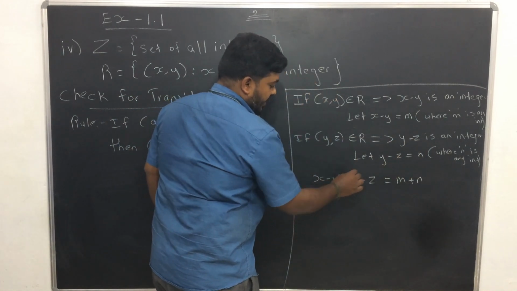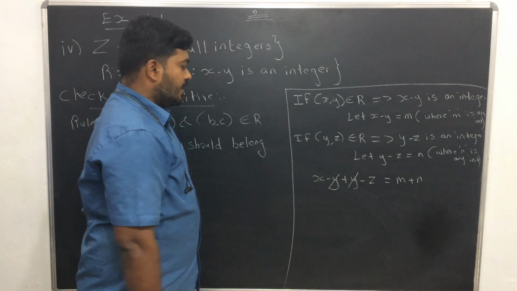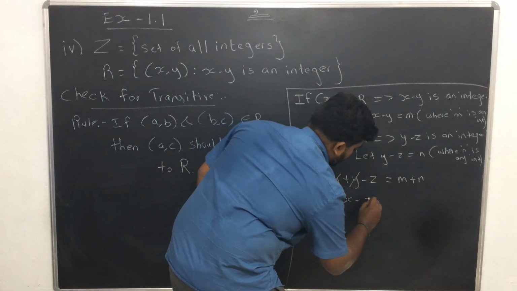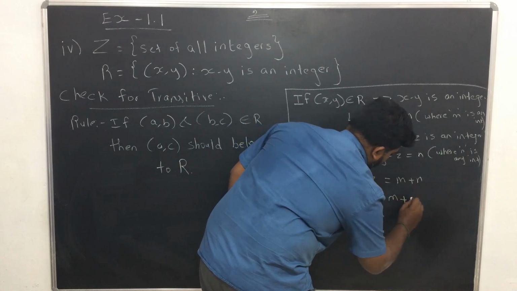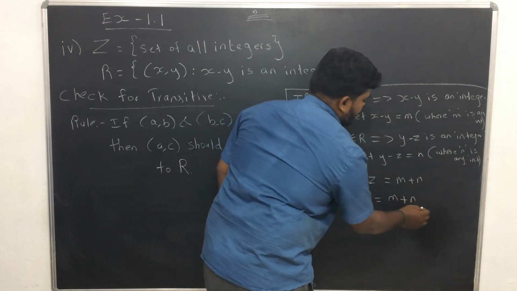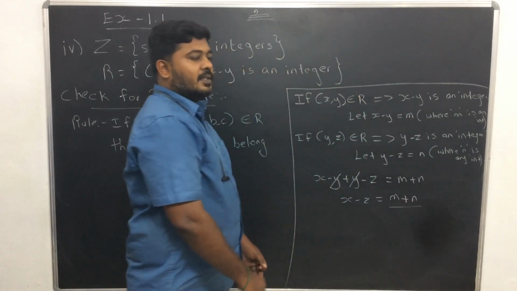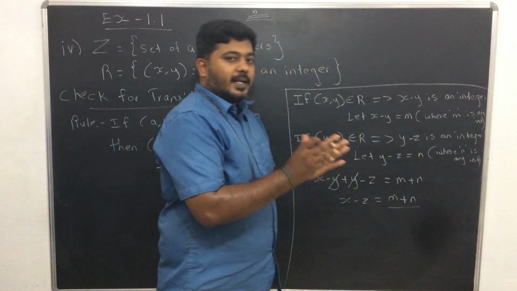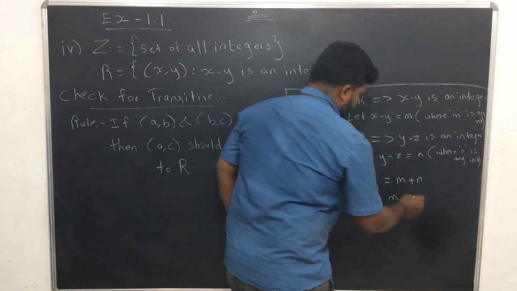Now we can strike off plus y minus y. So we get x minus z equals m plus n. What is m plus n? m plus n is also an integer. m is an integer, n is an integer. You add those two, you will still get an integer.